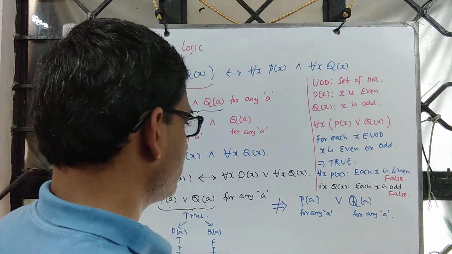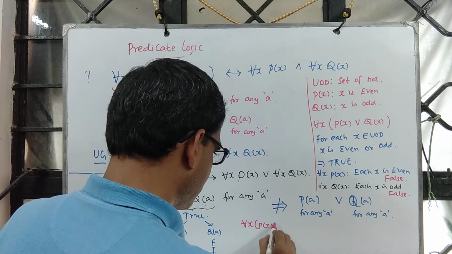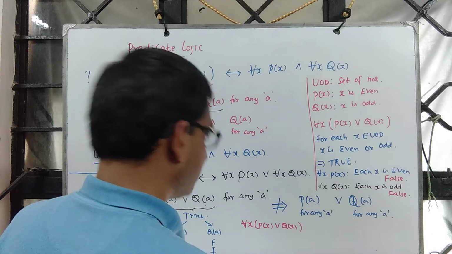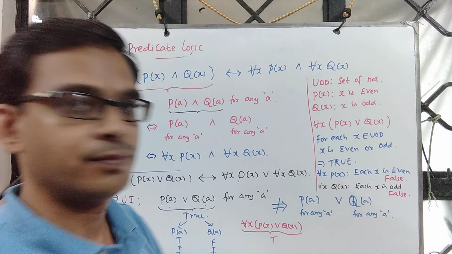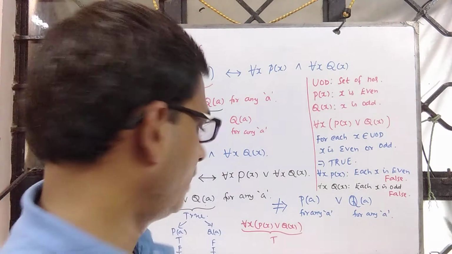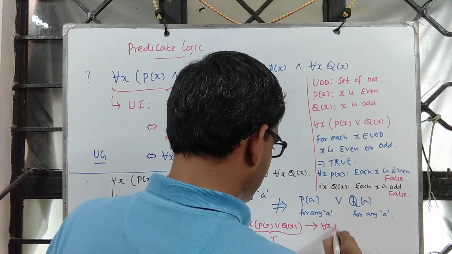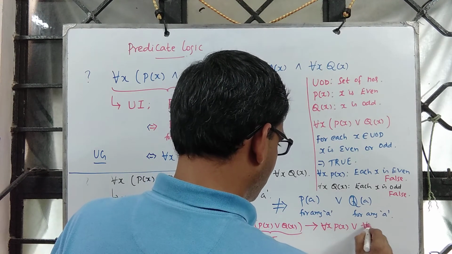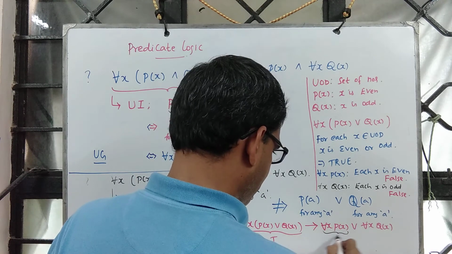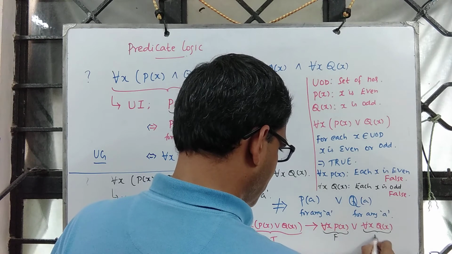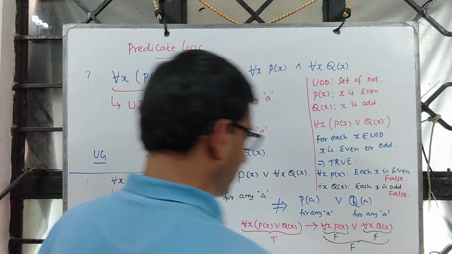So this shows that for all x P of x or Q of x, with respect to this example, this one is true, whereas this one, for all x P of x or for all x Q of x, is false for this example, since both are false, therefore this OR is false for this example.